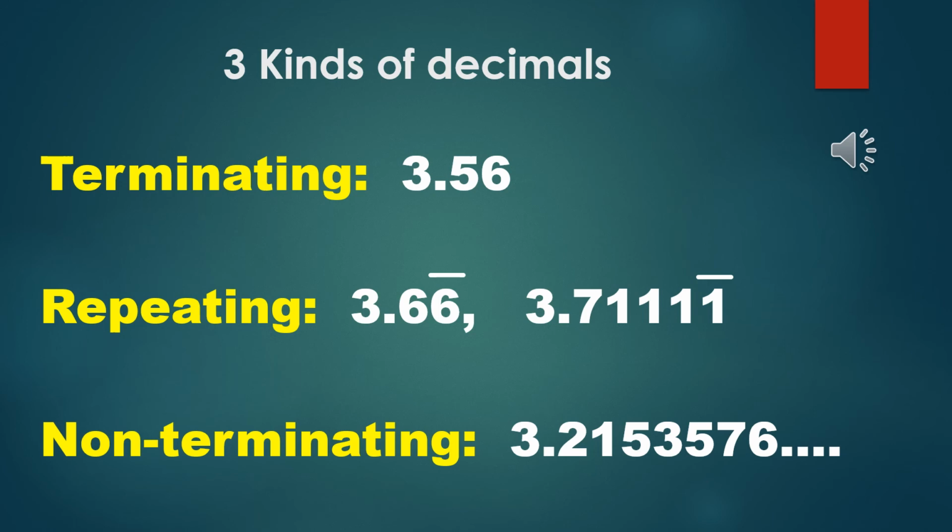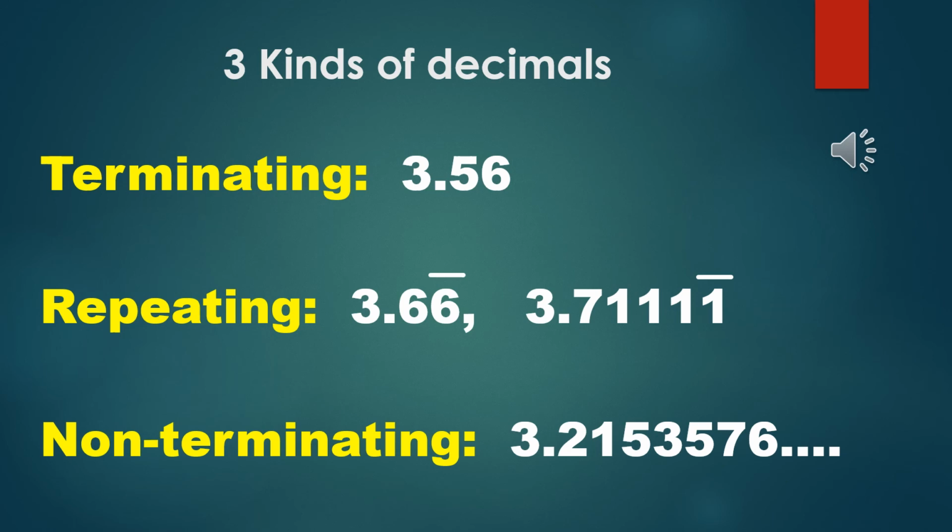The second kind of decimal is a repeating decimal. Look at 3.66 or 3.71111. That line over the 6 means that that 6 repeats forever.